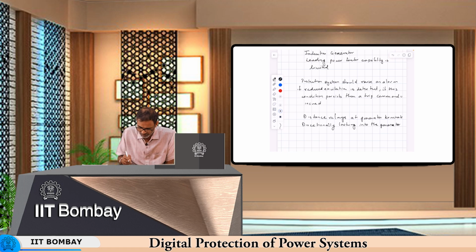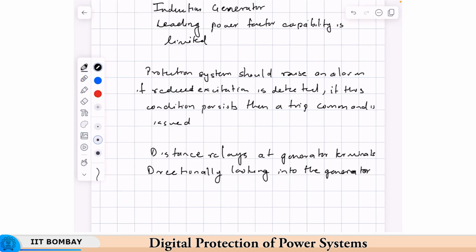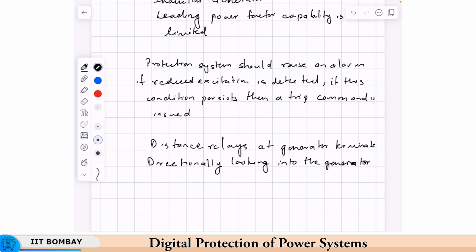Okay. Now, this capability curve that we saw, because now we are talking of distance relay, so we need to visualize this, or think of the characteristic on an Rx plane. So the capability curve of the generator which we just saw is interpreted on the Rx plane.